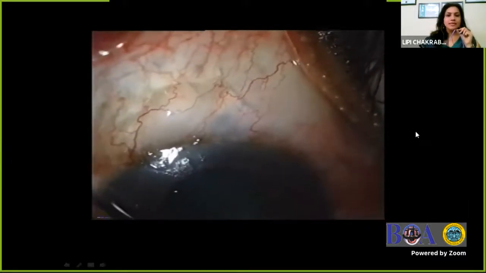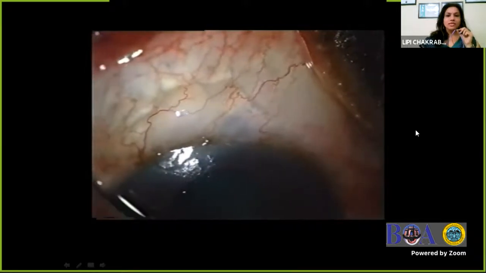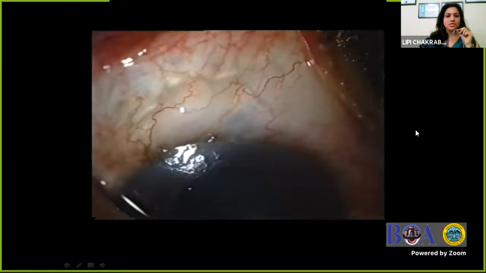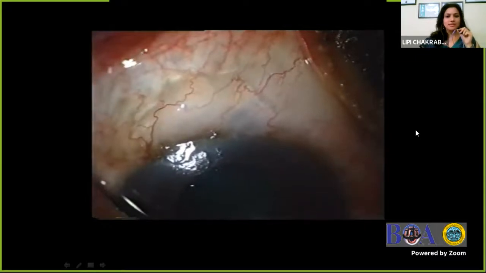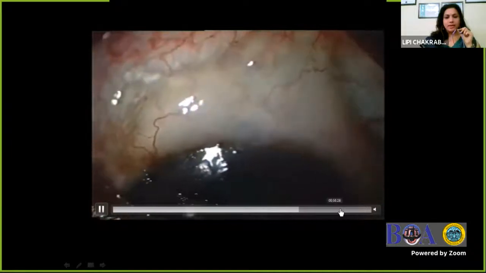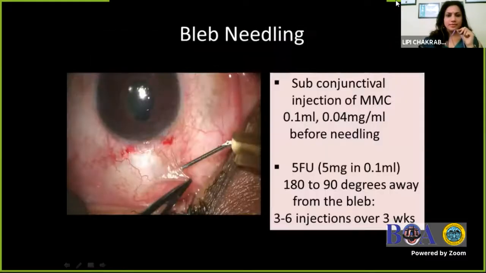And here we can see, with just slight digital massage, speeding this up for paucity of time, that's a very nice bleb. And with Van Herick, when we are evaluating the AC depth, we are finding the AC is also okay in this case.